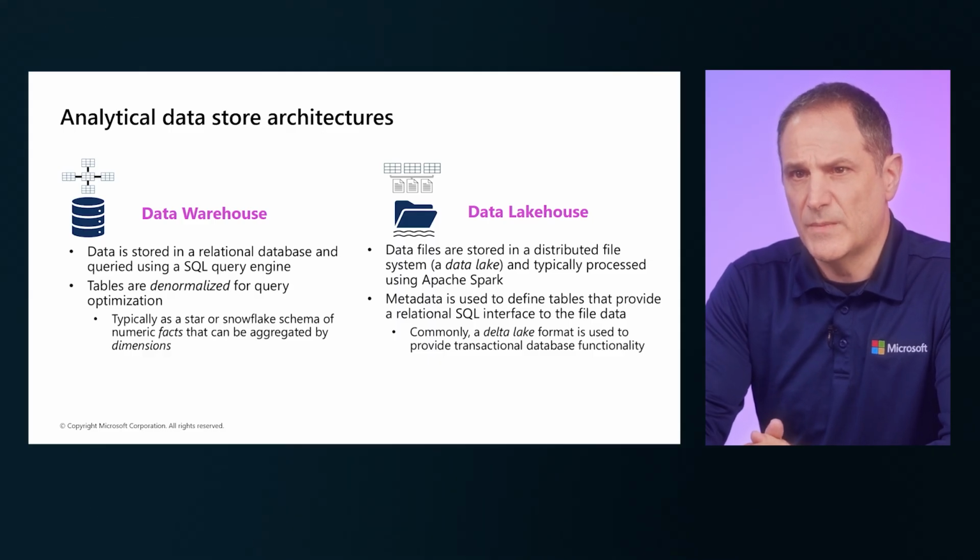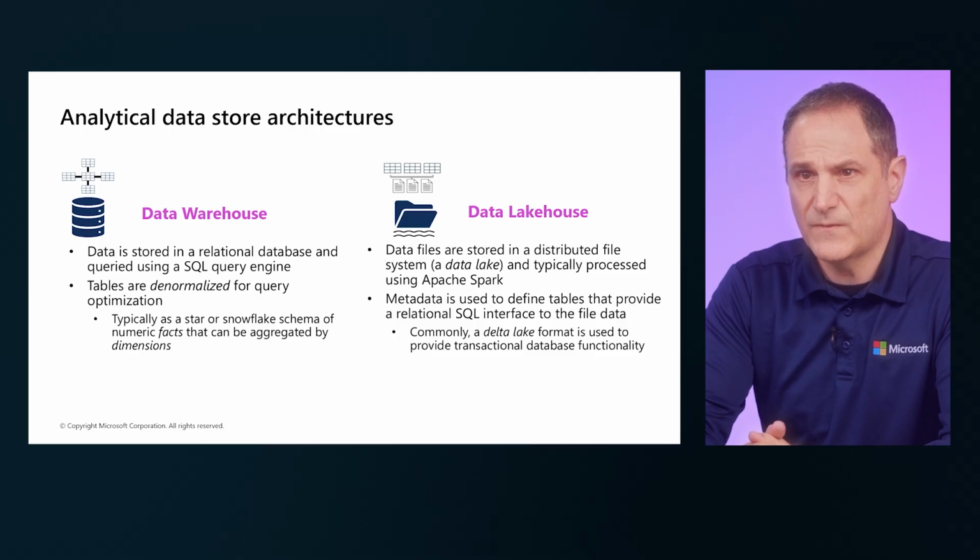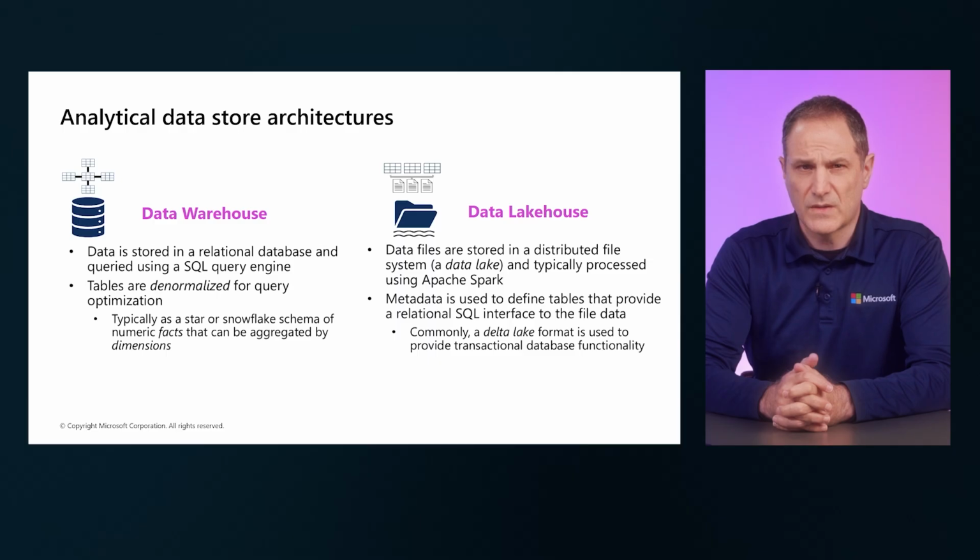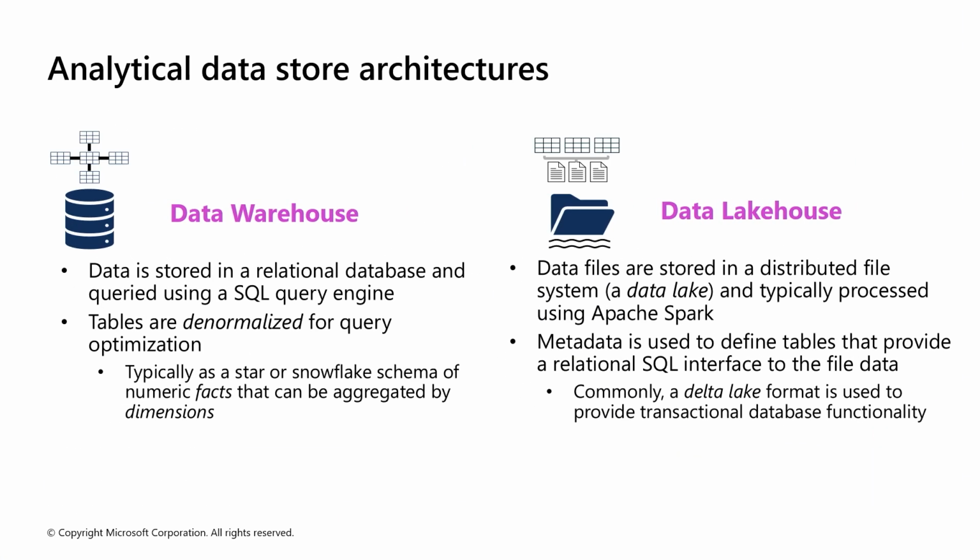In this model, numerical values are stored in central fact tables, which are related to dimension tables, such as customer, product, location, or time. This design makes it easier to aggregate data, for example, calculating monthly sales by product and store.